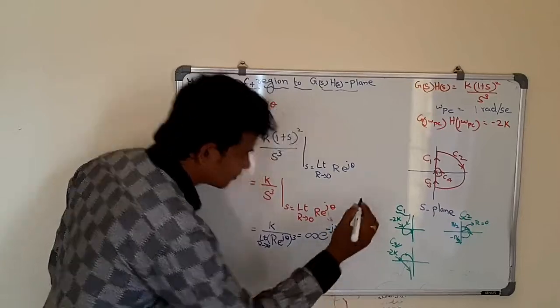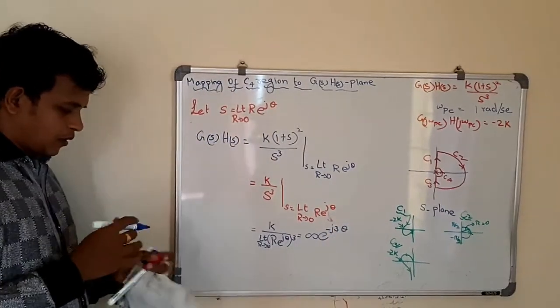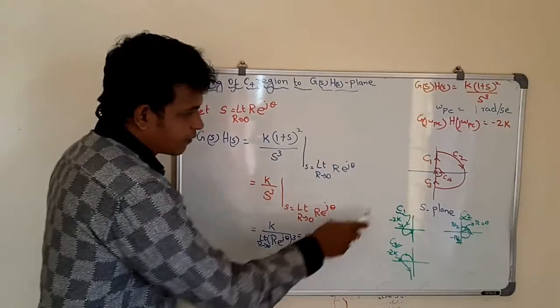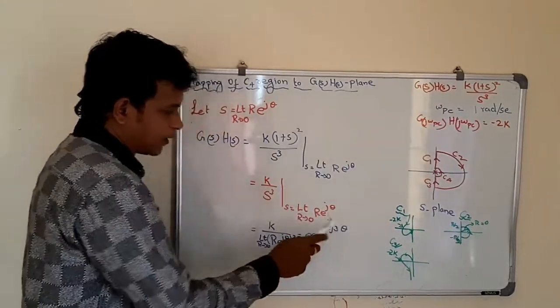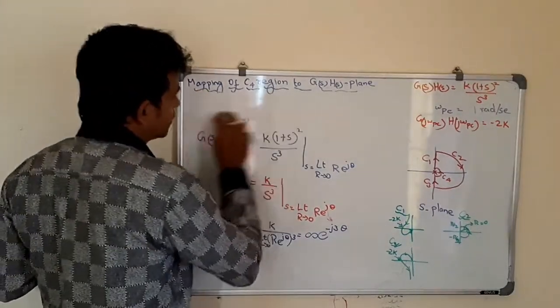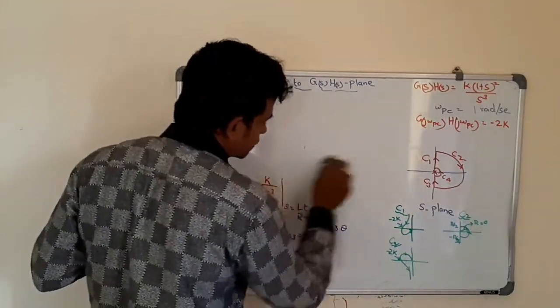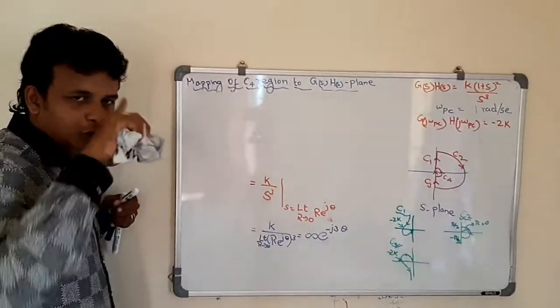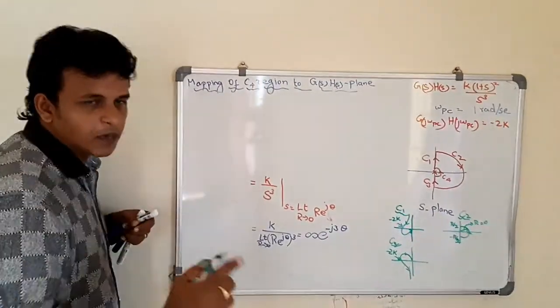And here theta is varying from minus pi by 2 to plus pi by 2. So I have to substitute the value of theta from minus pi by 2 to plus pi by 2. It is not varying from plus pi by 2 to minus pi by 2. It is varying from minus pi by 2 to plus pi by 2. The direction is very, very important.